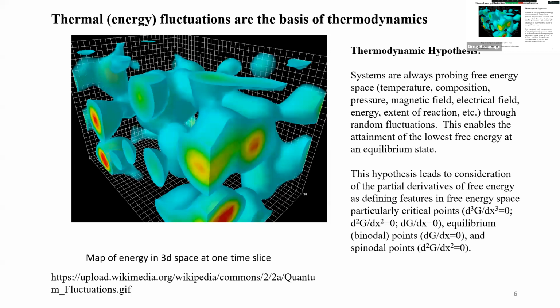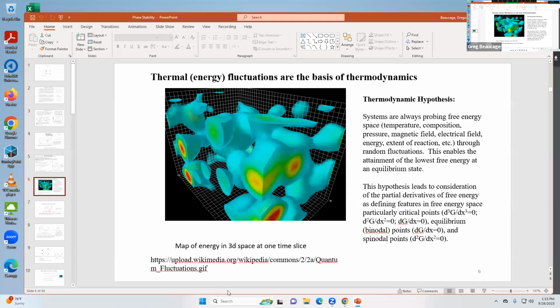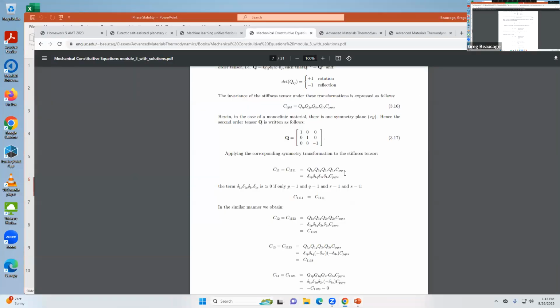Then there's this idea of thermal fluctuations, which look kind of like this. There's a motion of this on a wiki page. I think I got this from Wikipedia.